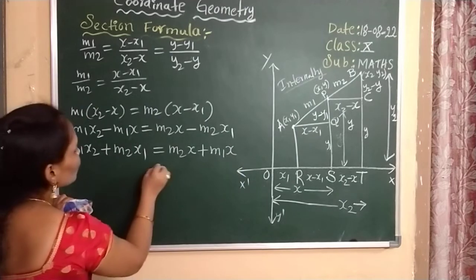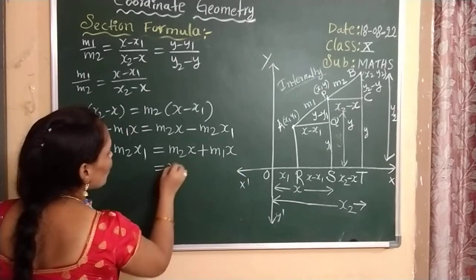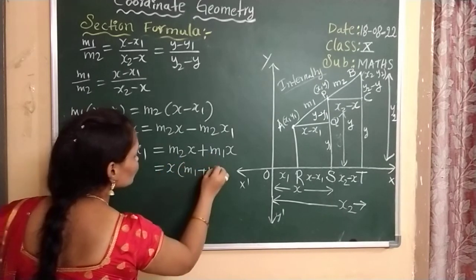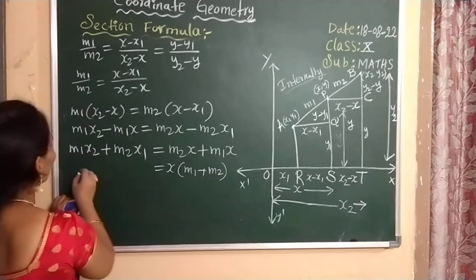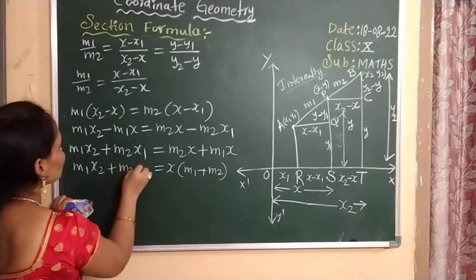Now in these two terms x is common. Take x common, first writing m1 then m2 in order, so you will get m1 plus m2.